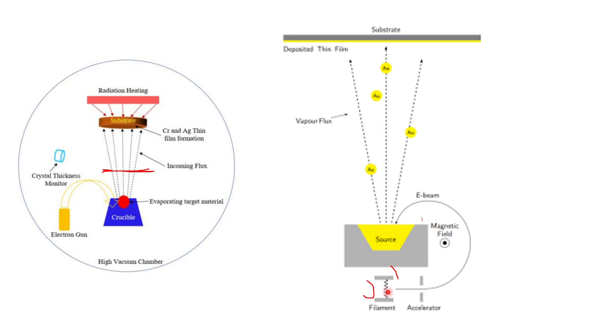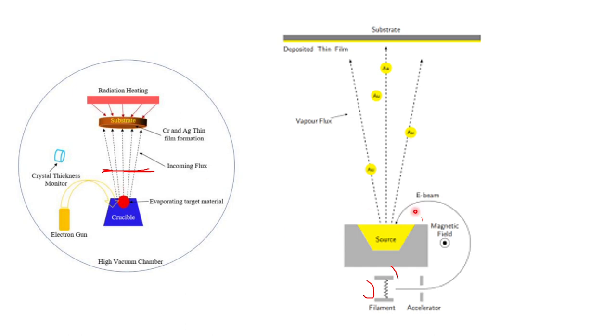One advantage of this process is that in the thermal evaporation process, you need to heat the metal to melt it. So the melting point of your source should be much lower than your crucible. Otherwise, when you heat both together, your crucible will also melt, and whatever material your crucible is may also get deposited on the substrate, which we don't want.